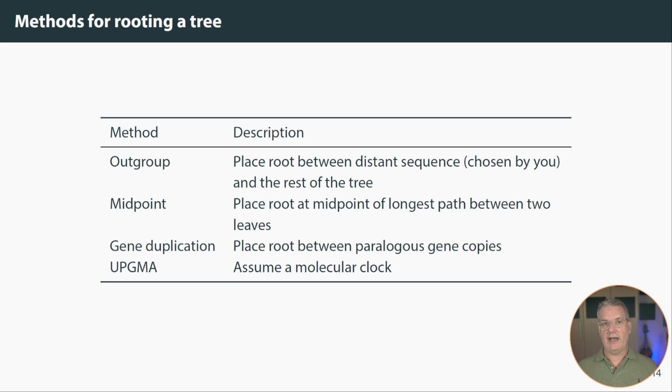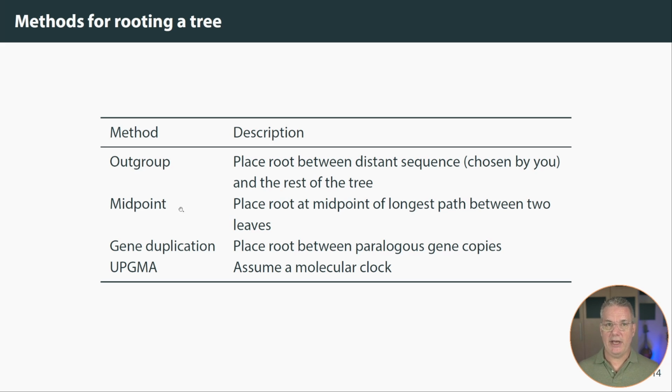So we know that that sequence diverged from all the sequences that we are interested in before those sequences diverged from a common ancestor. And then we infer an unrooted tree however we like, but we know that the root needs to be between that outgroup and the rest of the sequences. And so we just remove the outgroup sequence and replace it with the root.